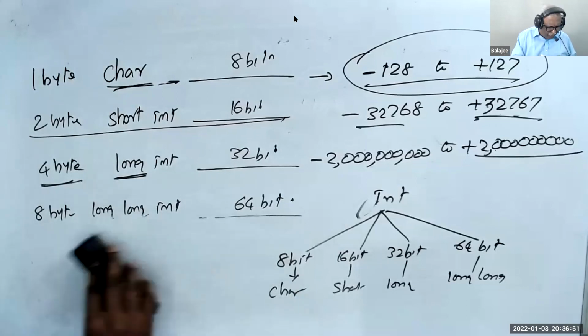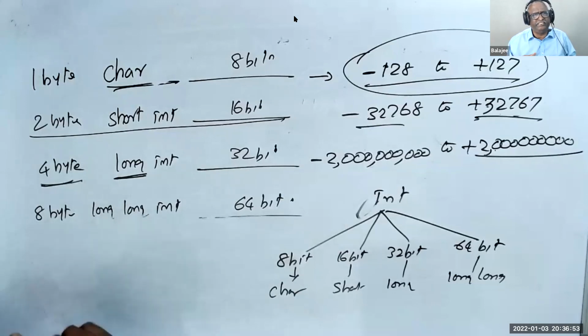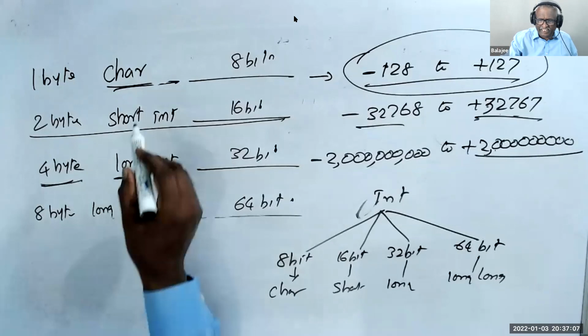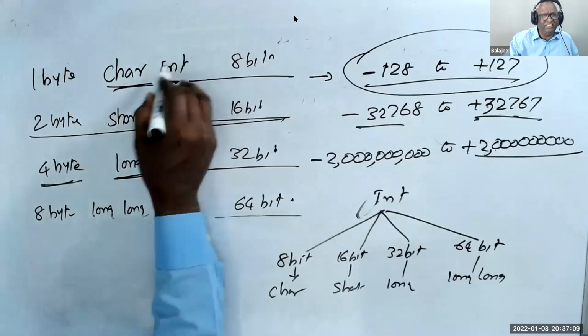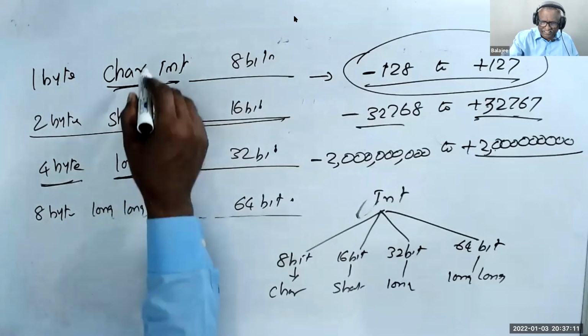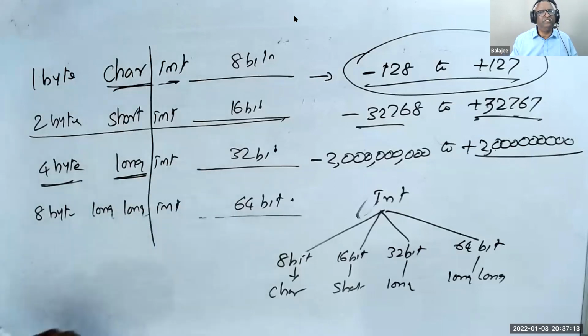I'll tell you where Dennis Ritchie has mentioned that. Lot of students coming from college have this confusion. They think char is a character. No, it is an integer. That's why I've written the word here, char int.